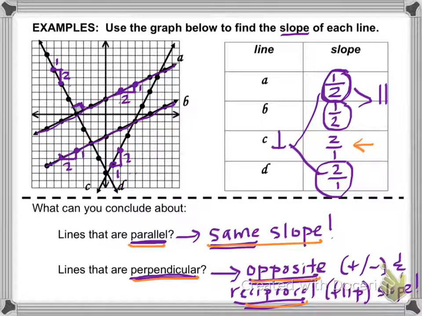With lines C and D, their slopes are exactly the same, not reciprocals, but they are opposites. So notice that line C's slope doesn't have both opposite and reciprocal slopes with any of the other slopes, and it doesn't have the same slope as any of the other slopes. So when it intersects lines A, B, and D, it's just intersecting lines. They're not perpendicular.